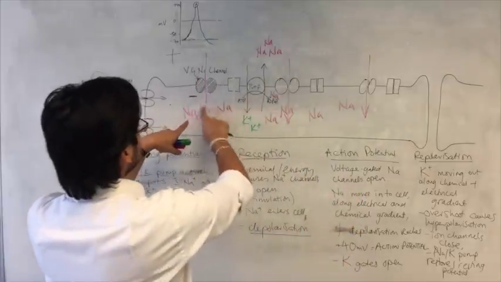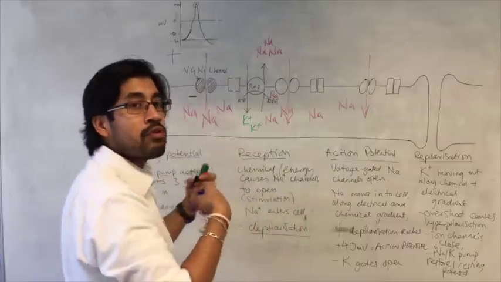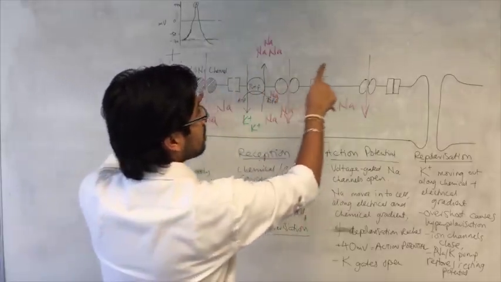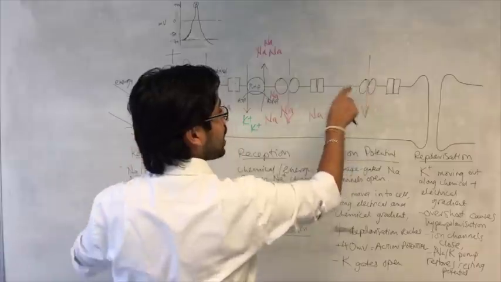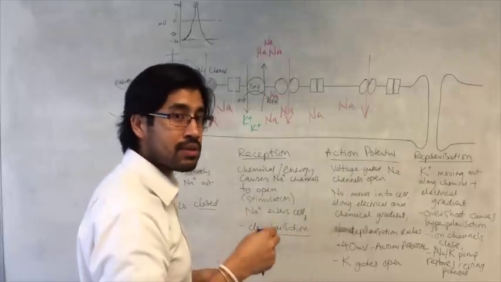So this channel does experience the depolarization, but it can't respond to it because it's in its refractory period, so it stays closed. But the next one along will open because it hasn't undergone a stimulation yet.